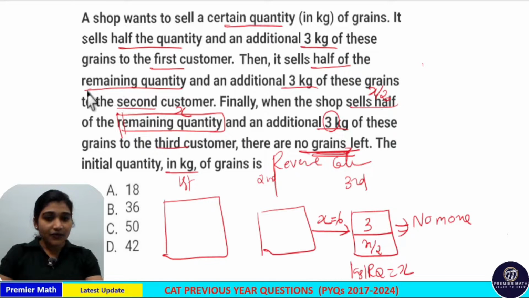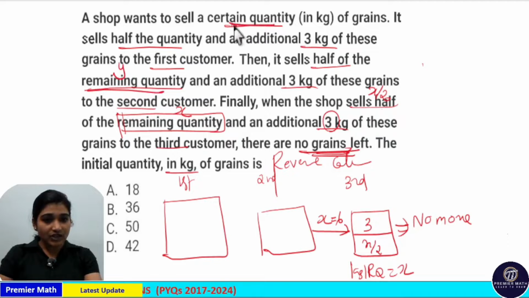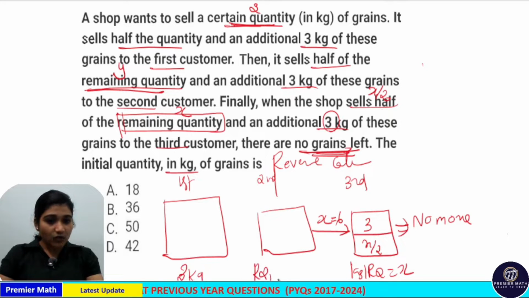Now take the first remaining quantity as y kilograms and the initial quantity as z kilograms. So the first box represents z kilograms and the second box represents the first remaining quantity y kilograms.